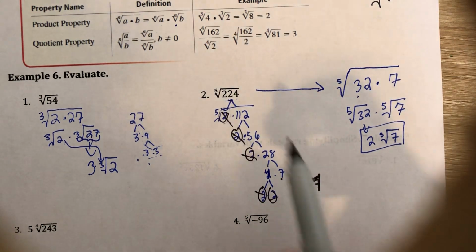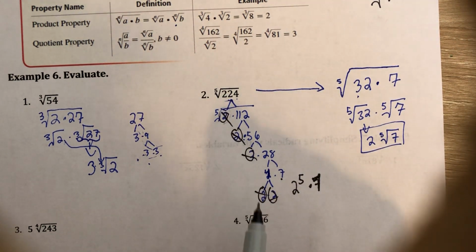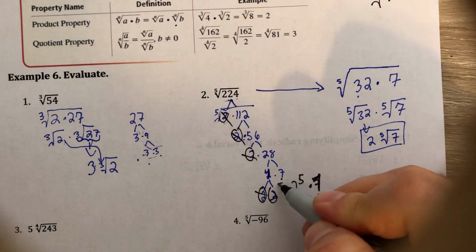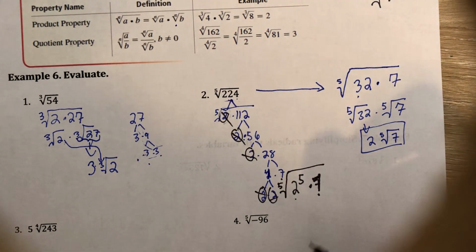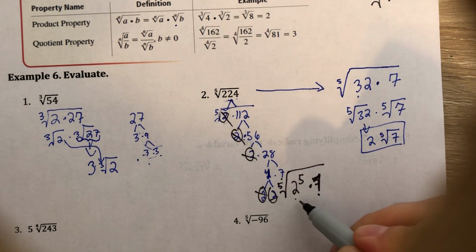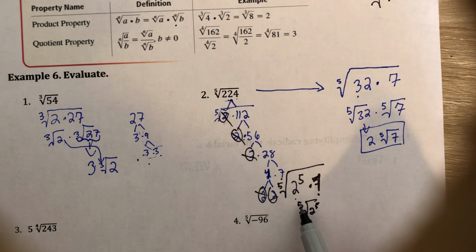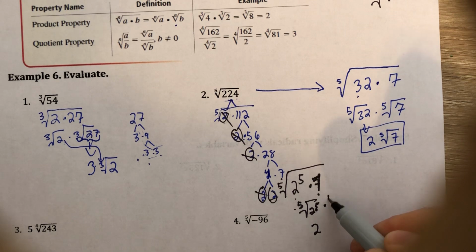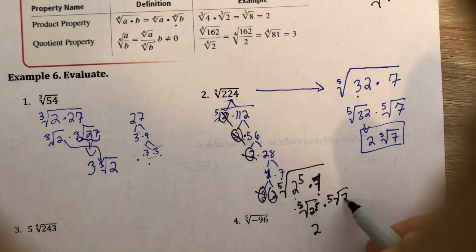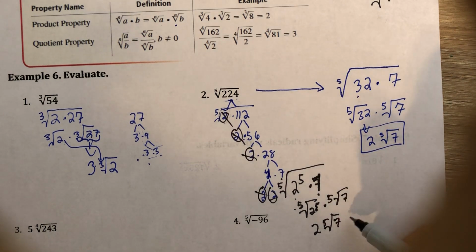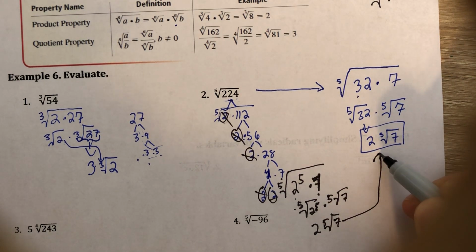So note, 224, if I broke it down the long way, still turns out to be 2 to the fifth times 7. And all of that I want to be taking the fifth root of. So that can be thought of as the fifth root of 2 to the fifth. Note, radicals and exponents are the inverses of each other. So that's just going to equal 2. And I still have times the fifth root of 7. So note, I get the same answer. It was a little bit longer to get there.